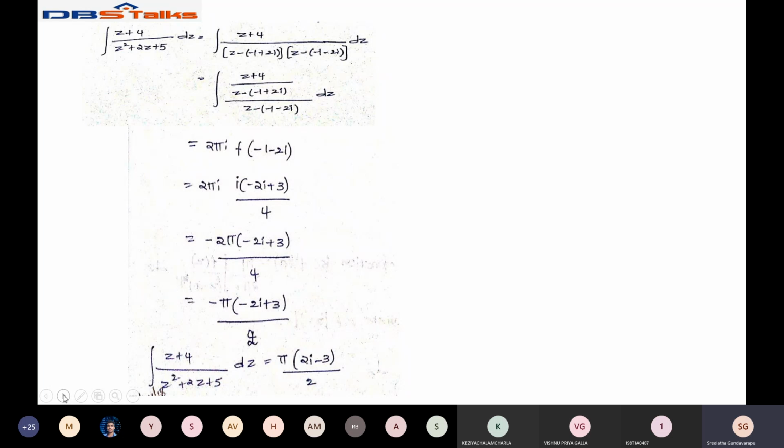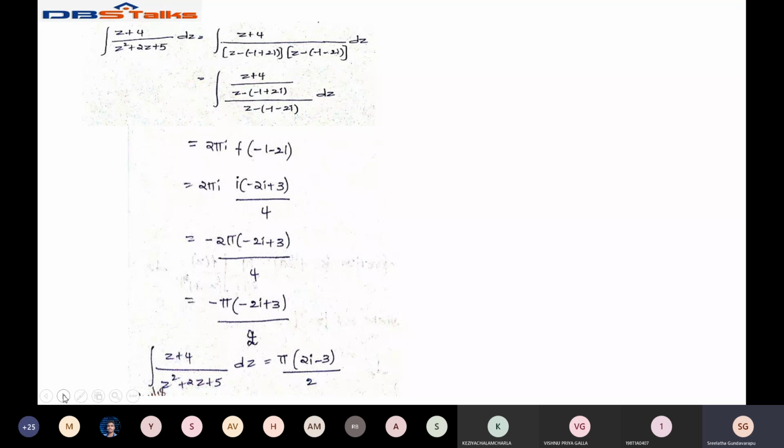Now we have to write this function f(z) in terms of the two singularities. The first singularity is without the circle and the second singularity is within the circle. So the function is (z+4)/(z−(−1+2i)), which is without the circle, over (z−(−1−2i)), and this singularity is within the circle.